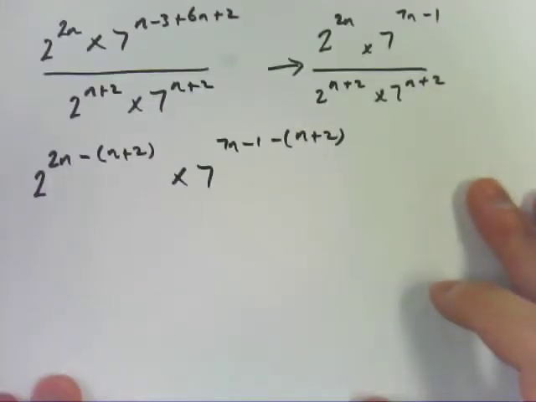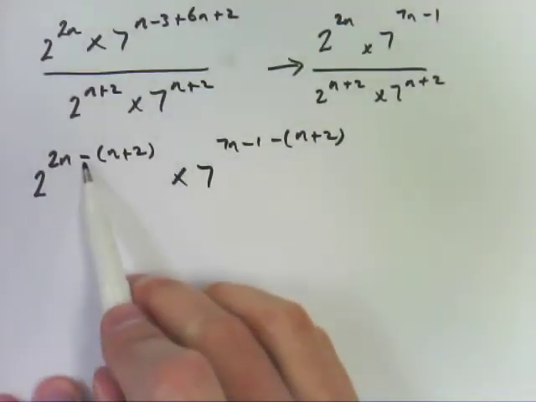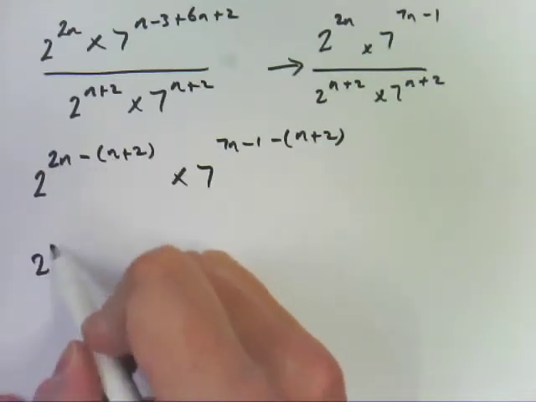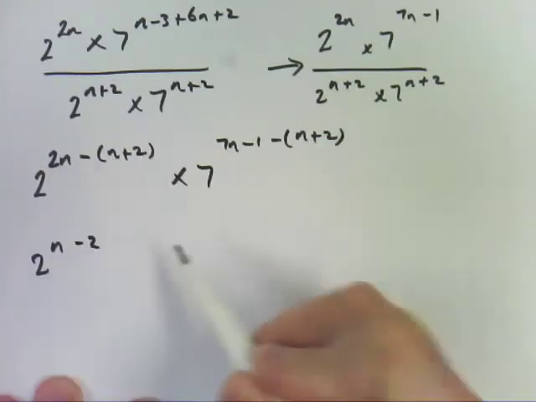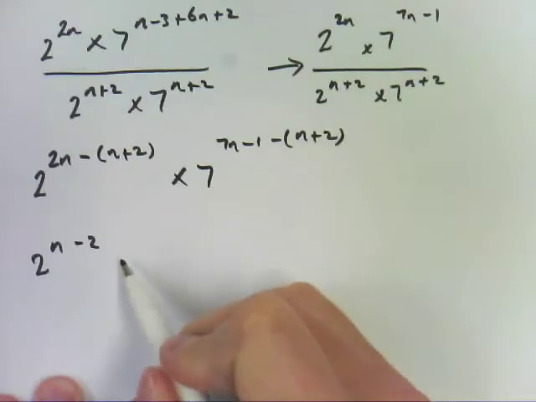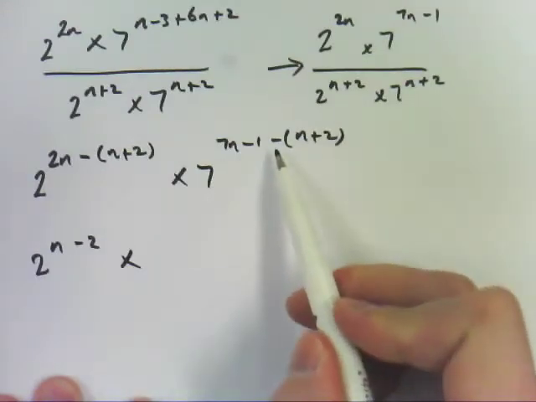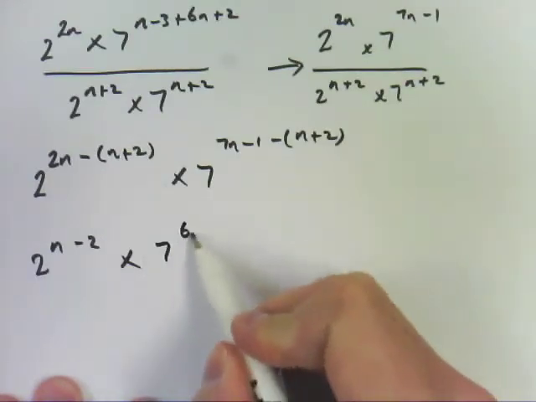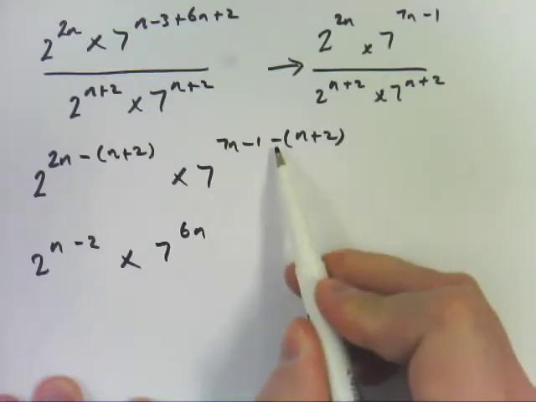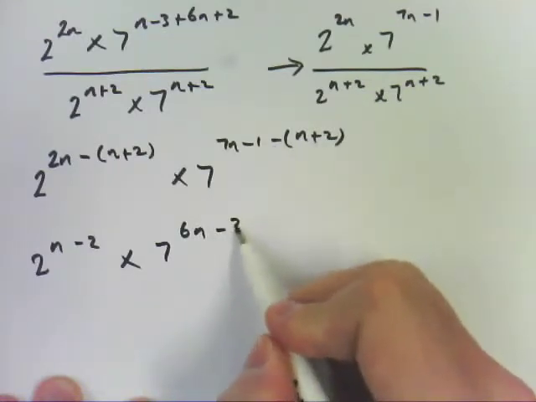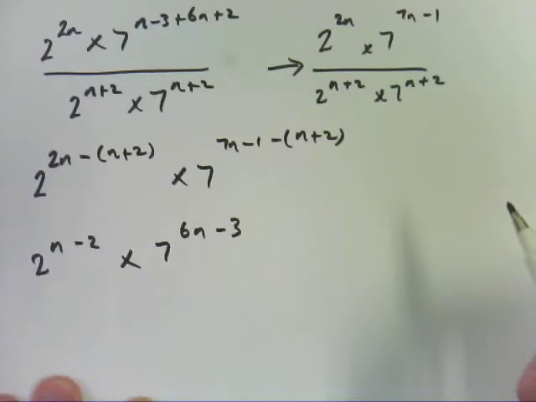So 2 to the 2n minus n minus 2 is 2 to the n minus 2, and then 7n minus n is going to be 6n minus 1 minus another 2 is minus 3. And that's your final answer. You cannot get any simpler than that.